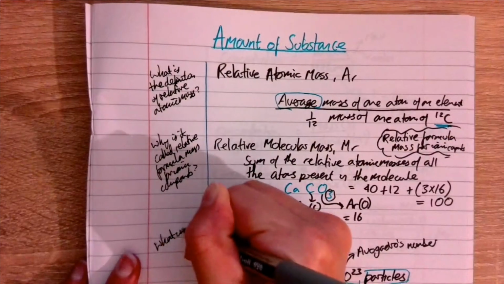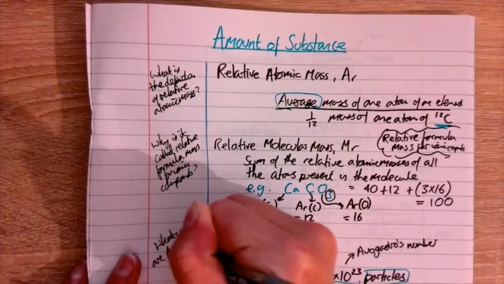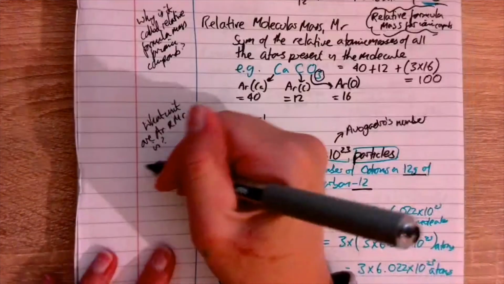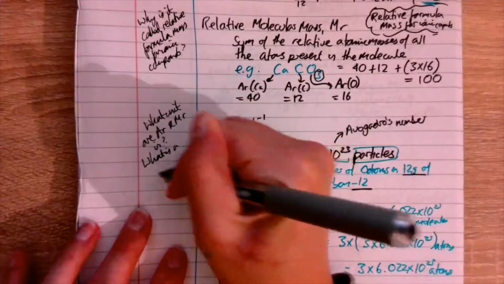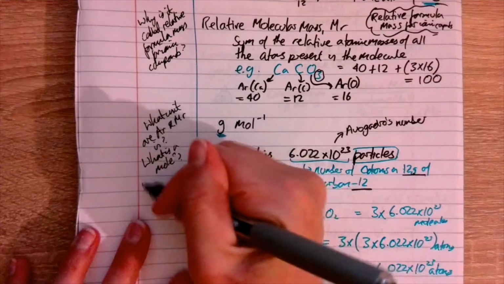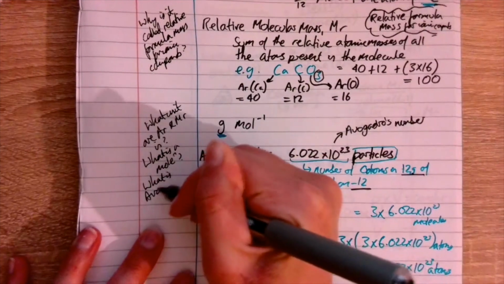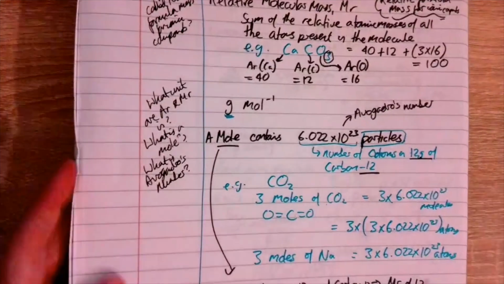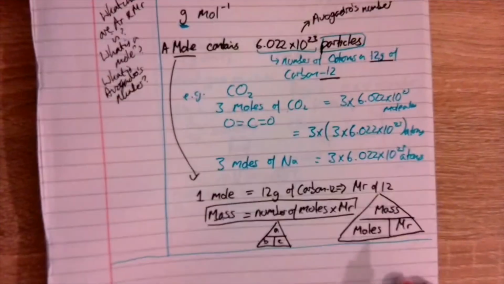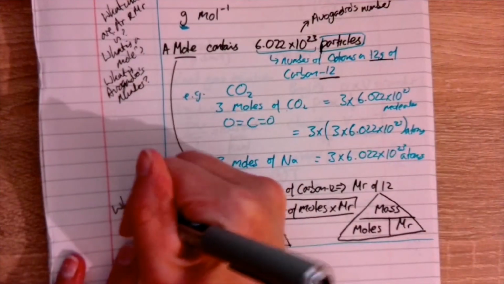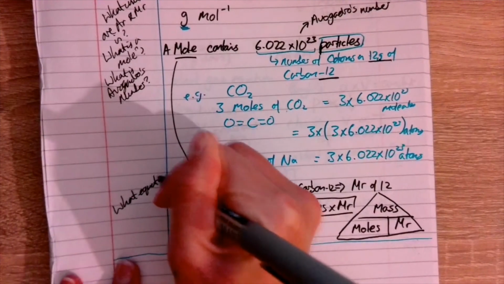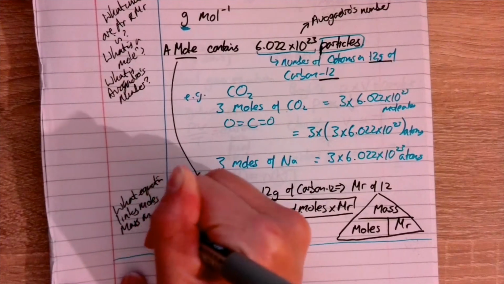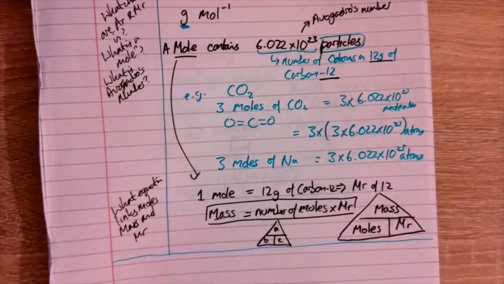What unit are relative atomic masses and MR in? What is a mole? What is Avogadro's number? And what equation links moles, mass and relative molecular mass?